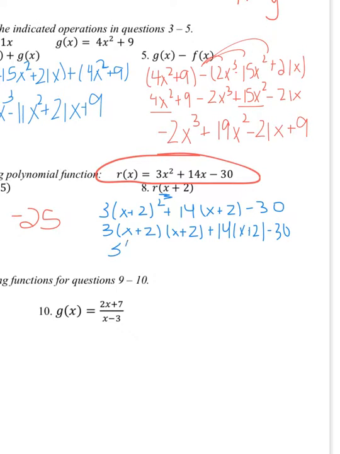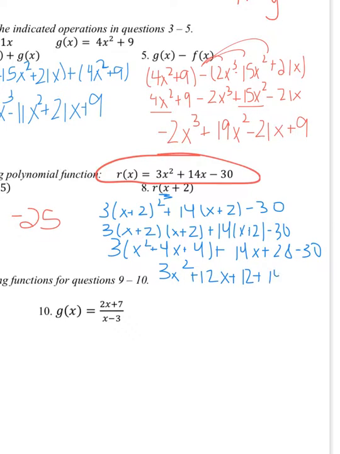So this is going to be 3 times, when I double distribute this and combine like terms, I get x squared plus 4x plus 4. This turns into 14x plus 28 minus 30. Here, this is now 3x squared. I distribute the 3. 3x squared plus 12x plus 12.